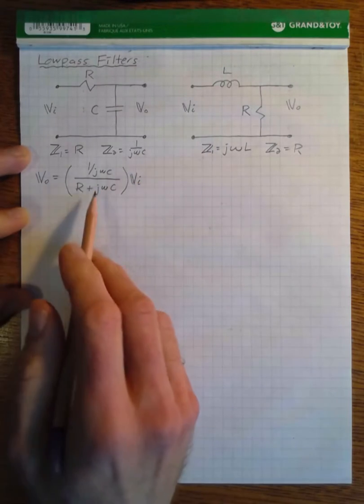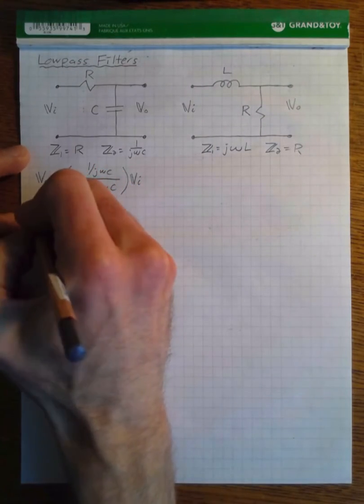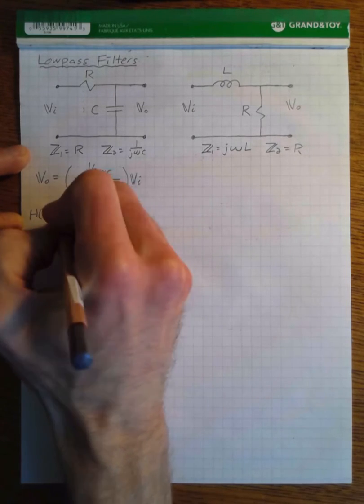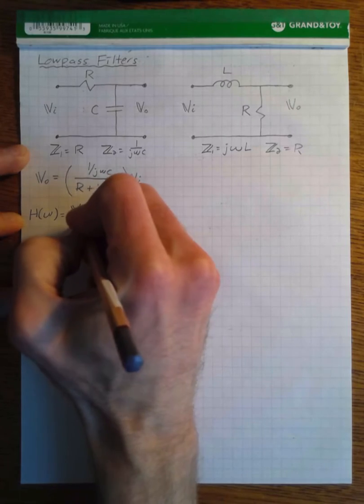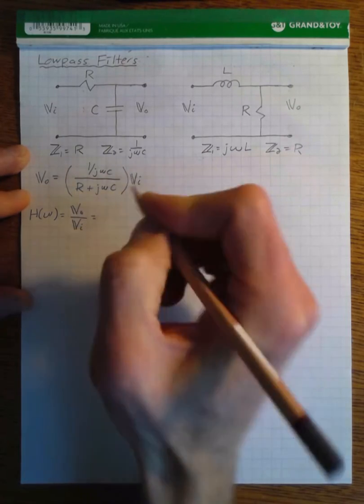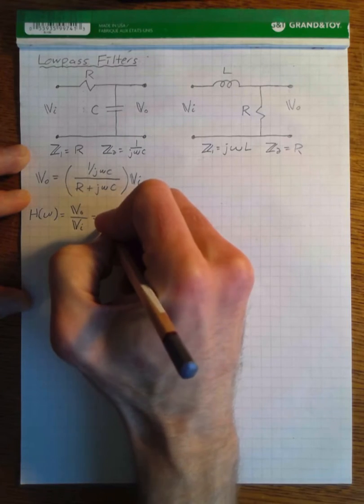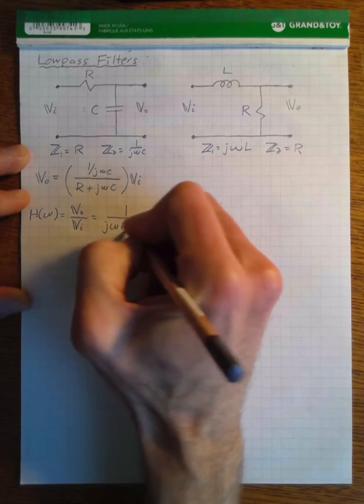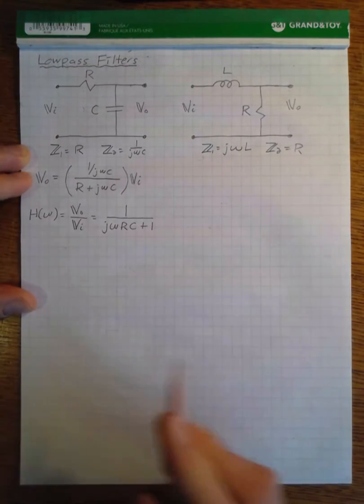And if we multiply the top and bottom by j omega C, and then we take the ratio of V out over V in, we get 1 over j omega RC plus 1. And that's the result that we had before.